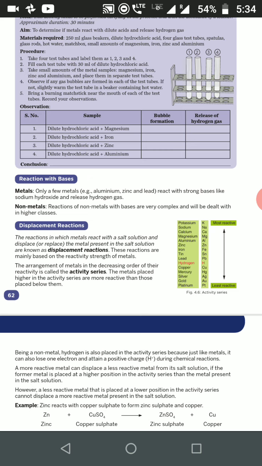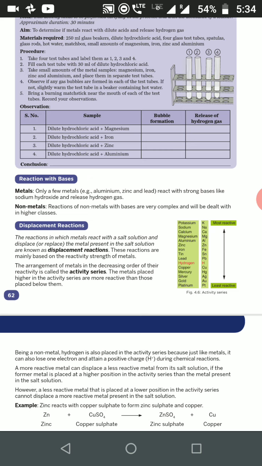Similarly, reaction of non-metals with the base is complex, but it will be done in the higher classes. This reaction with the base we will be doing in grade 10th. So no need of the reaction, just go with these lines.